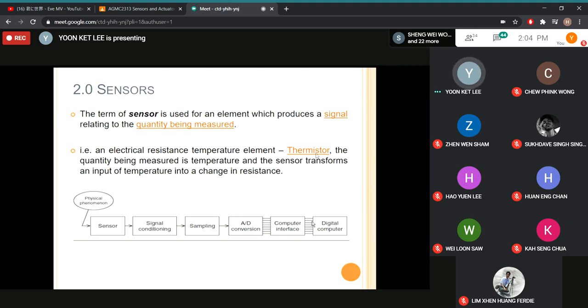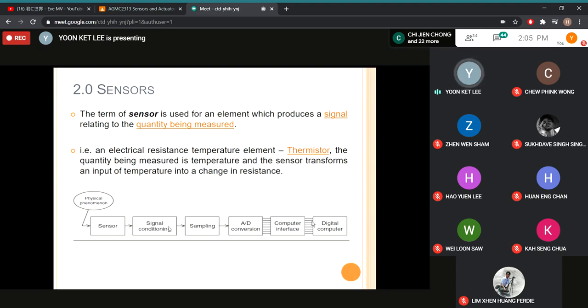The quantity being measured is the temperature, and the sensor will transform the temperature input into a change in resistance. This is a physical phenomenon, and it is sensed in the form of temperature.